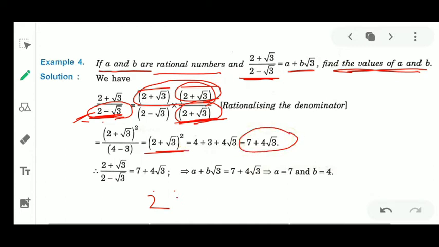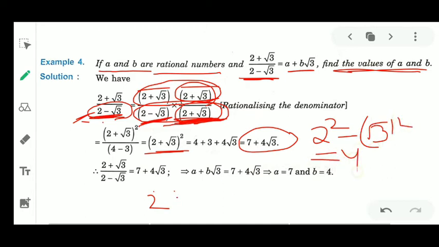Okay, now look at the denominator. The denominator is in the form of a minus b into a plus b. So that is a square minus b square, that is 2 square minus root 3 square. 2 square is 4, minus root 3 square is 3, the square and root are cancelled. So 4 minus 3 is 1.